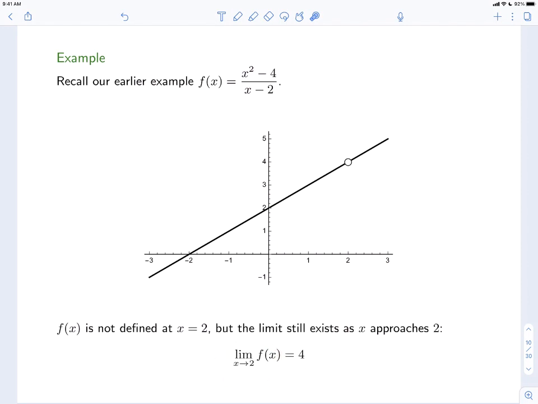That limit does exist, but f at x is not defined at x equals 2. So this function is not continuous at x equals 2 because the function isn't defined there. But the limit does exist because there's a clear value that the function wants to attain. The function wants to attain 4. It just doesn't because of the way we defined it. We defined it with x minus 2 in the denominator, which means you're not allowed to plug in x equals 2.